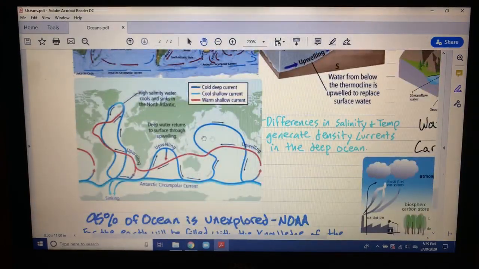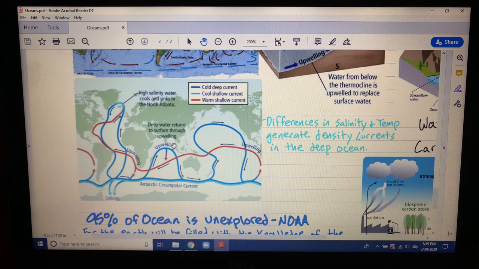Deep currents will be determined by the differences in salinity and temperature underneath. This isn't driven by wind, but by differences in how much salt there is and the temperature at the various layers. The deeper you go, the cooler the water, and towards the surface it's going to be warmer.